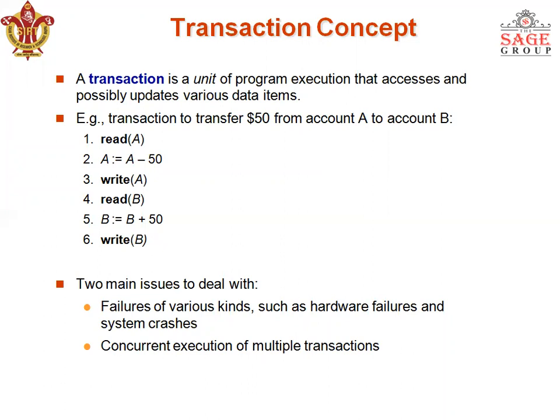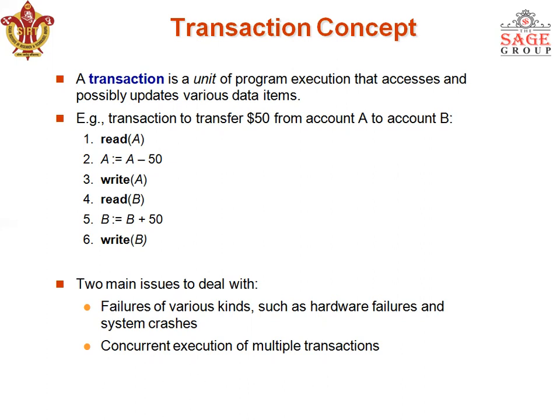operation will be performed. Basically, in this example, we have seen a transaction of $50 from account A to account B. In the first operation, we read the variable A, then we deduct the $50 from account A, then we update the variable A, then we read the variable B, and after that, whatever the deducted amount is, we add that amount into B and perform the write operation.